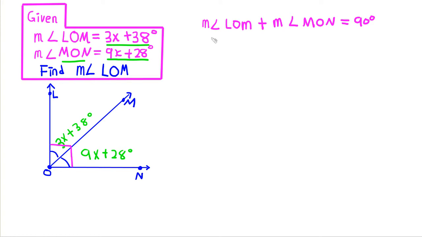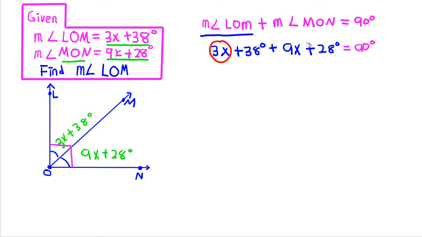And we know that the measure of angle LOM is 3x plus 38 degrees, and the measure of angle MON is equal to 9x plus 28 degrees, and it should be equal to 90 degrees. Then we can simplify the left hand side a little bit into the like terms.